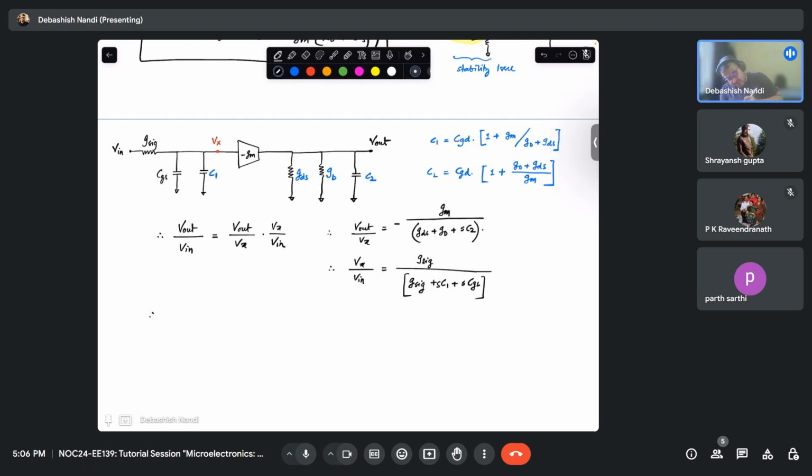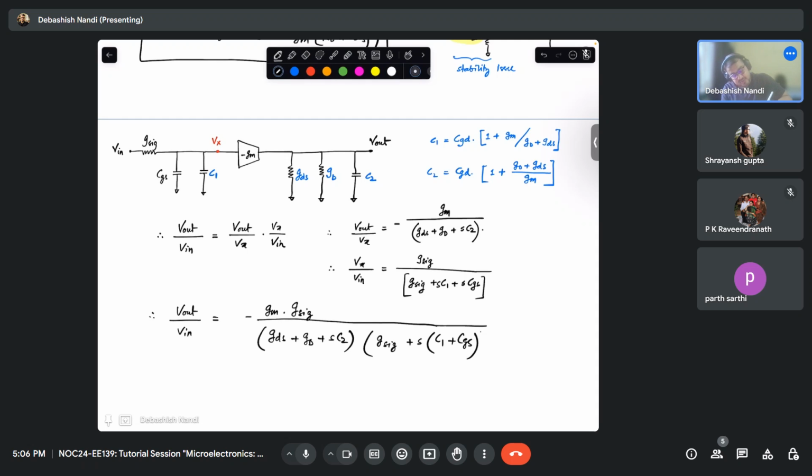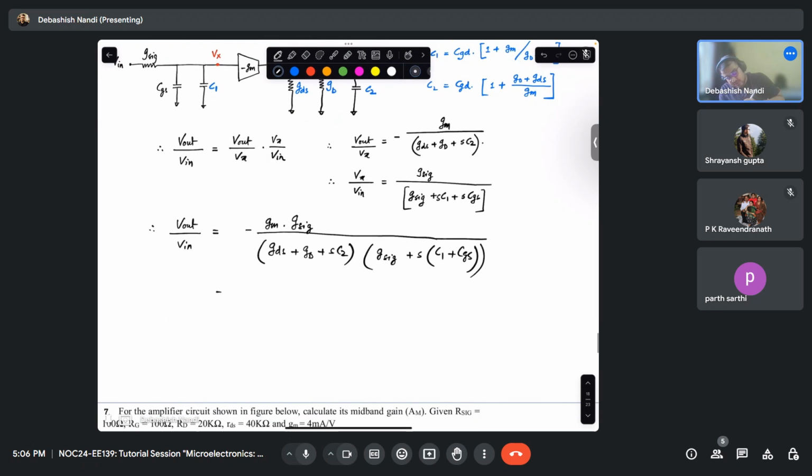So now your V out by V in will be the multiplication of this: GM Gsig divided by GDS plus GD plus SC2, and Gsig plus S times C1 plus CGS. So let us take C2 common.